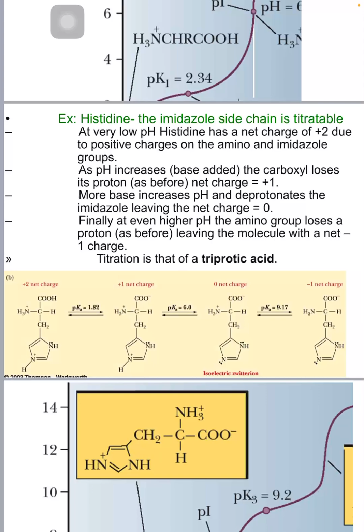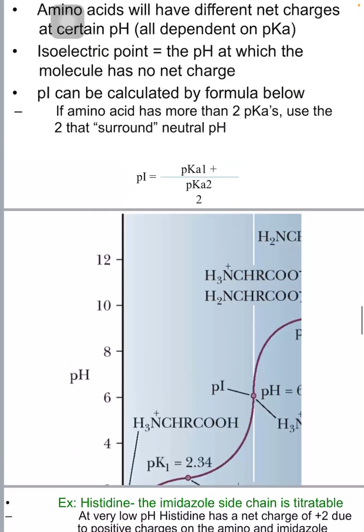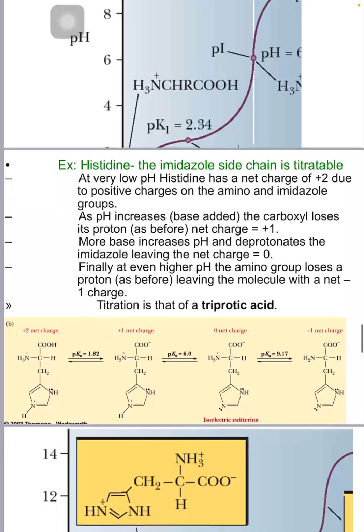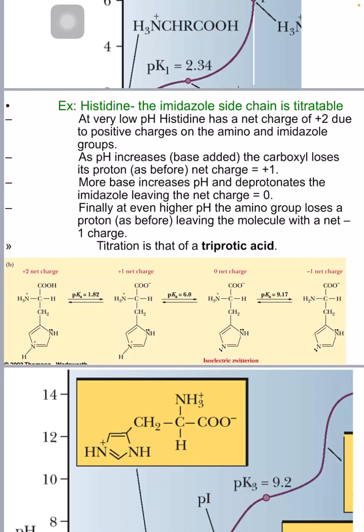First pKa is 1.82. And you can see with HIS, that of course refers to the carboxy terminus, right? So below this, everything is protonated. So your carboxy is neutral, your amino terminus is +1, and this nitrogen on the imidazole ring, the one in the lower left corner of the ring, that one is protonated as well, the one that has a double bond, right?